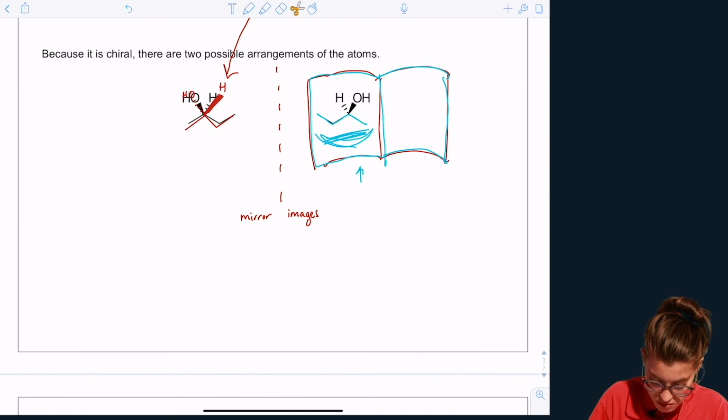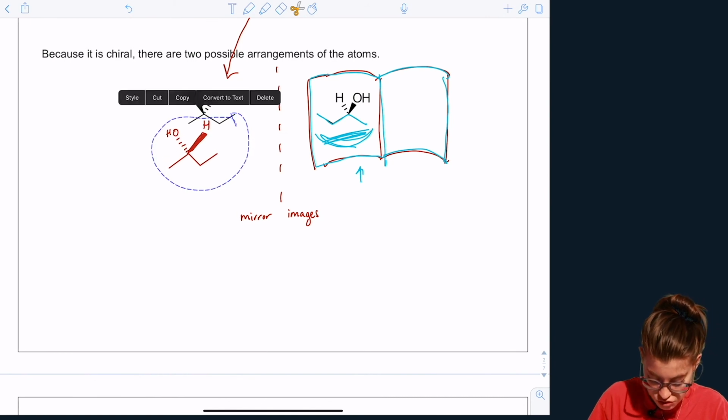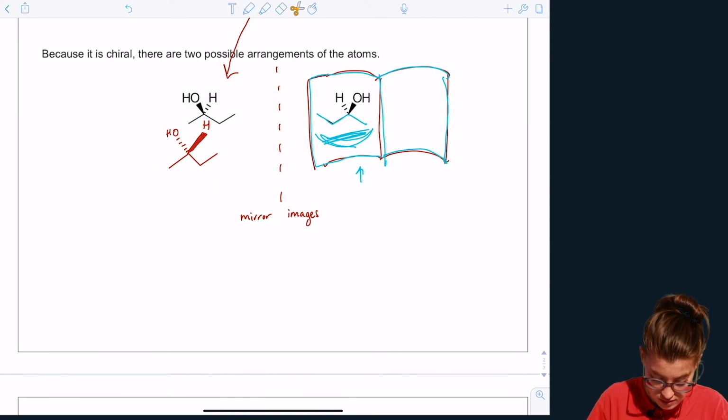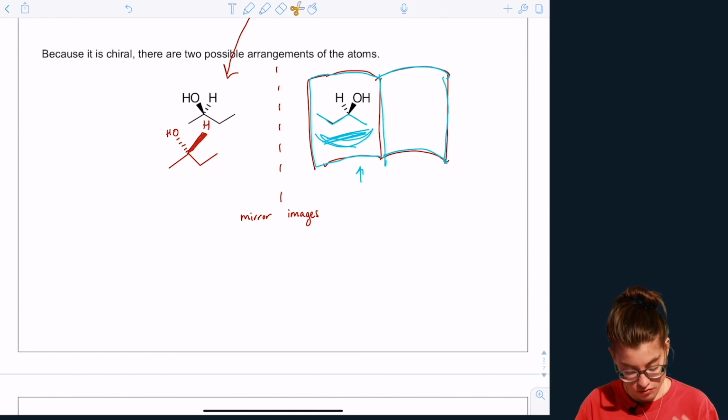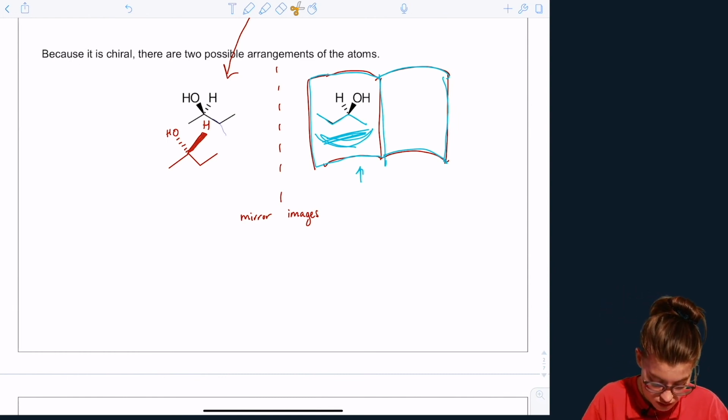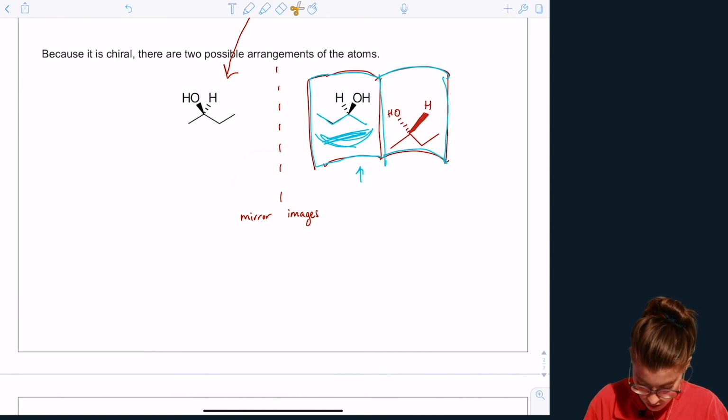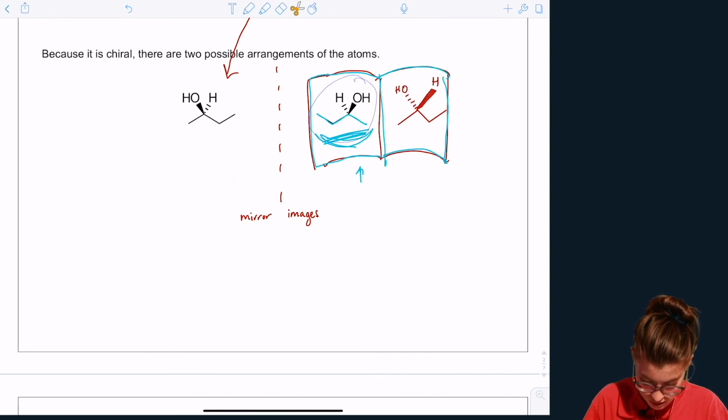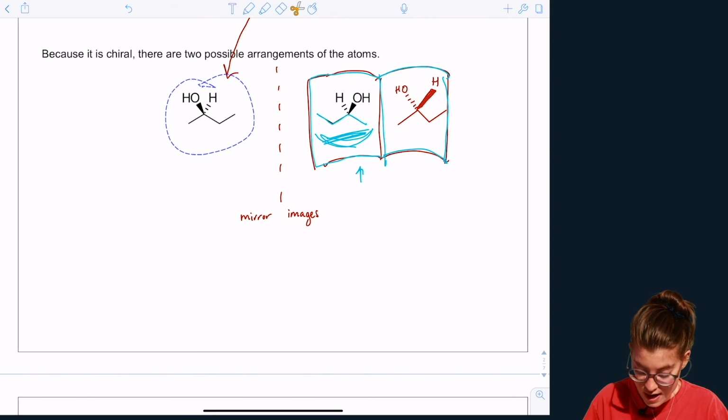The only problem here is they are not perfectly overlapping, because notice in the red structure, the OH is going in the back, on a dash, whereas in the black structure, the OH is on the wedge coming forward. So these molecules are not identical.